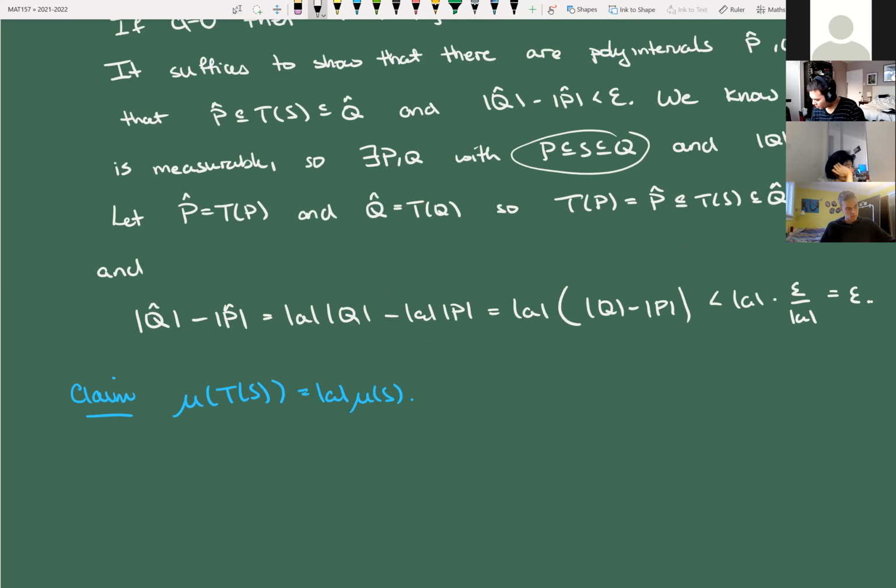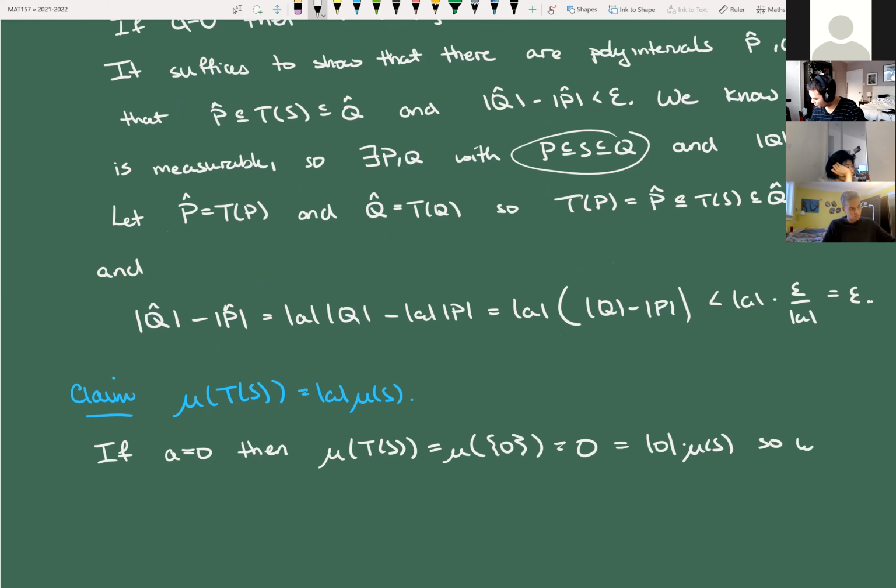If A equals 0, then the measure of T of S is just the measure of the set {0}, which is equal to 0. And that's equal to the absolute value of 0 times the measure of S. So we're done. So assume A is not 0.